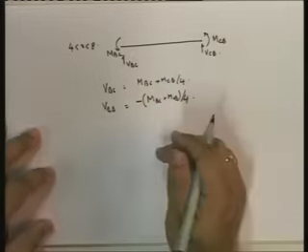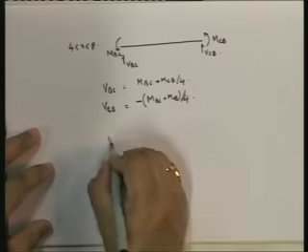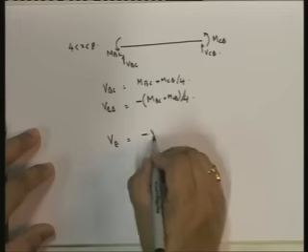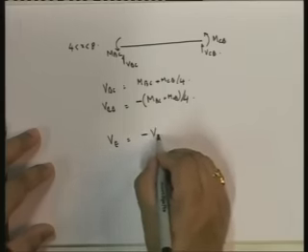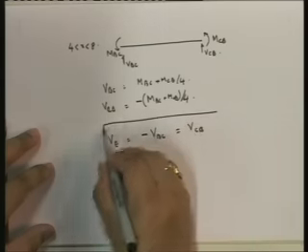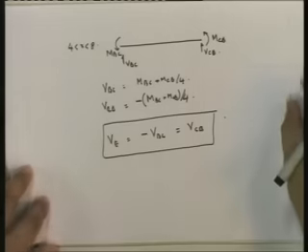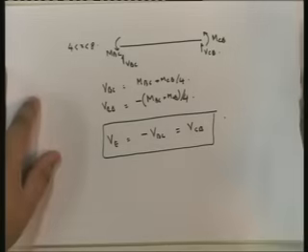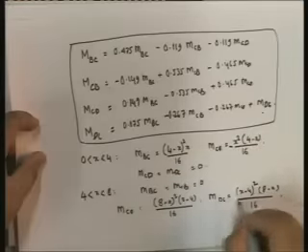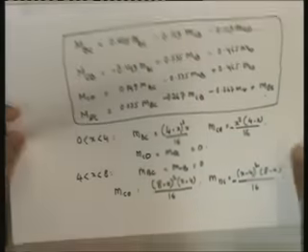Okay? And if we look at it, then VE is equal to minus VBC, which is also equal to VCB. Okay? So we have these expressions, and by the way, this MBC is minus and this is minus. Okay?